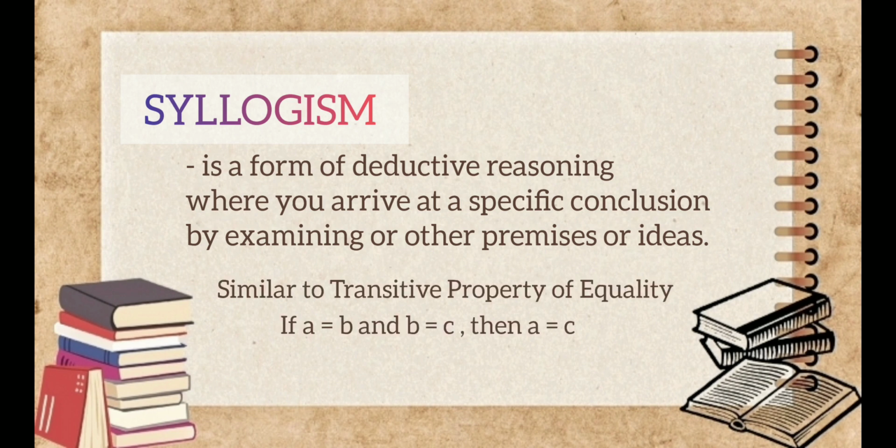It is a form of deductive reasoning where you arrive at a specific conclusion by examining two or more premises or ideas. It is similar to the transitive property of equality, which says if A is equal to B and B is equal to C, then A is equal to C.